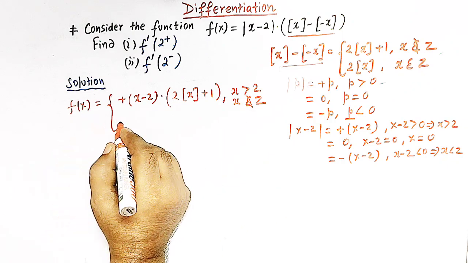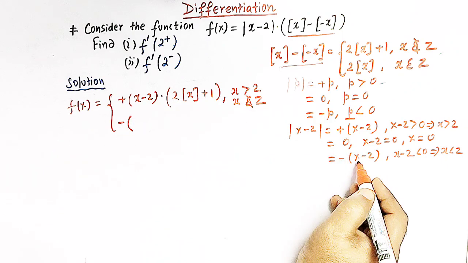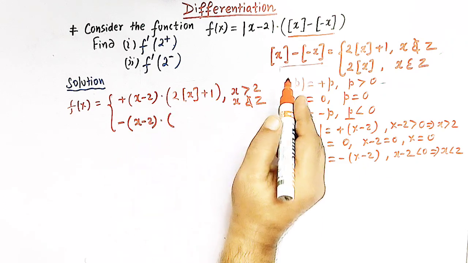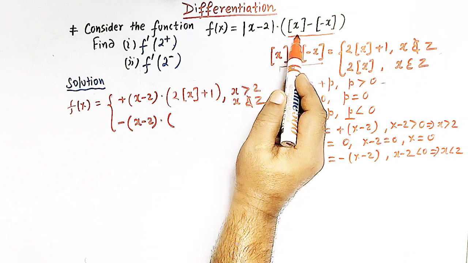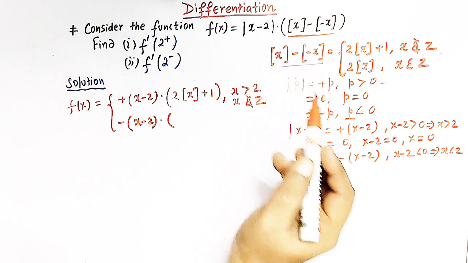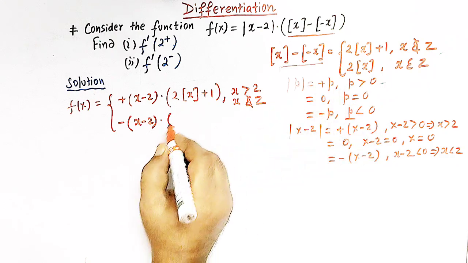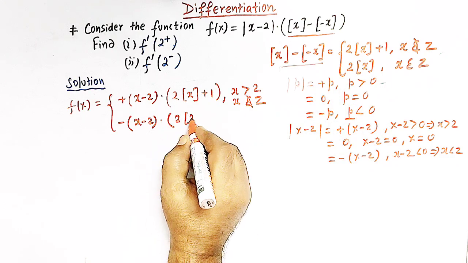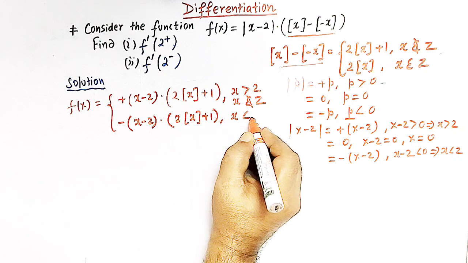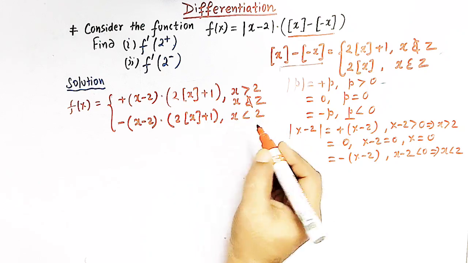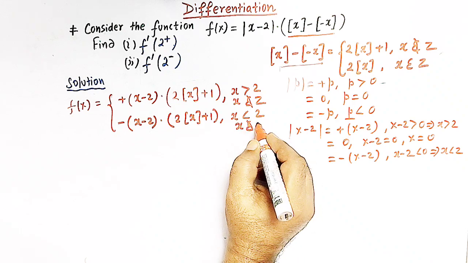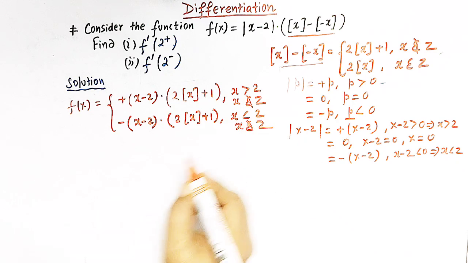And f of x can be written as negative x minus 2, and here we'll write the expression for greatest integer of x minus greatest integer of minus x as 2 times greatest integer of x plus 1 whenever x is less than 2, and here again x does not belong to the set of integers, right?